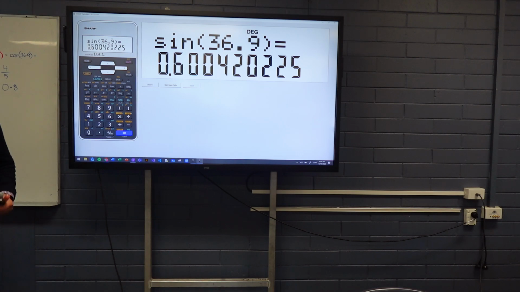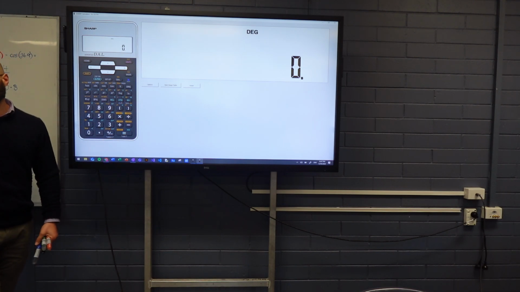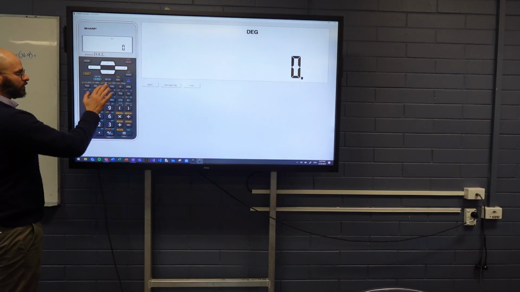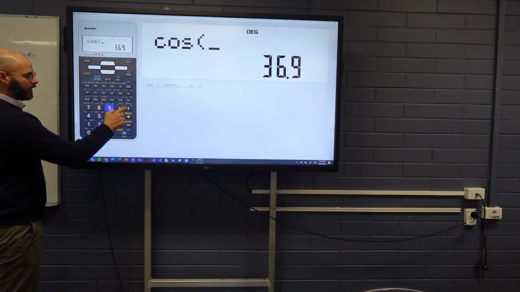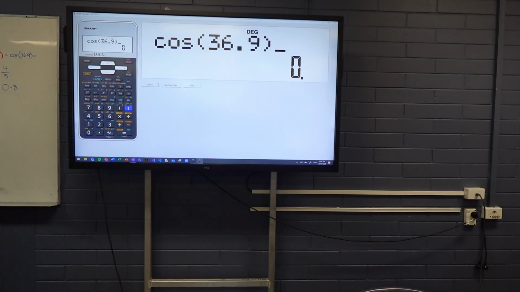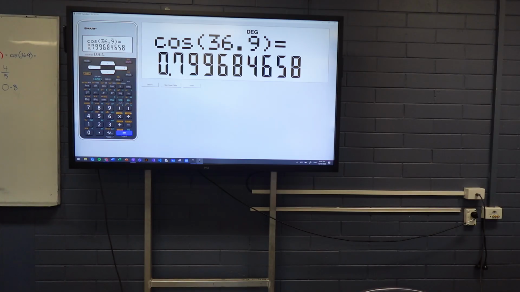Again, if this is our first time using our calculator, we press reset, but you guys don't need to because you've already done it. We type in cos, like a cos lettuce, 36.9, just like that. We press equals and have a look at what we get. 0.799684, basically 0.8.